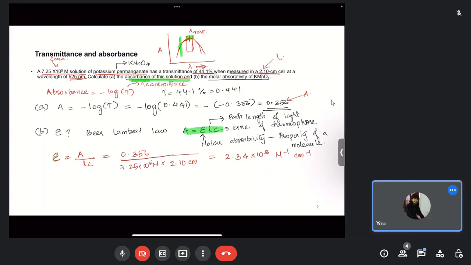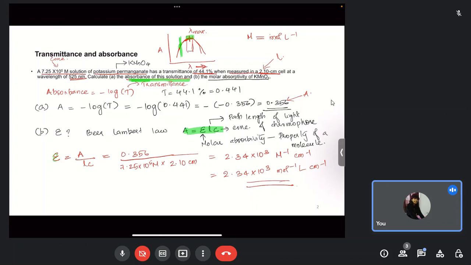So 1 molar solution is equal to moles per liter, right? So this is going to be 2.34 into 10 to the power 3 mole inverse liter centimeter inverse.